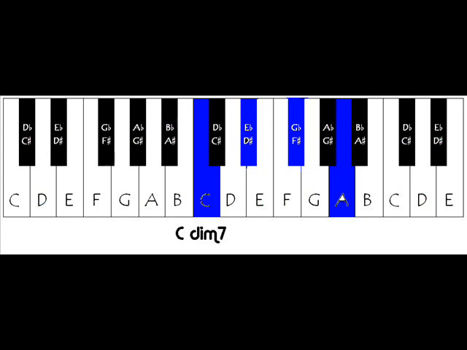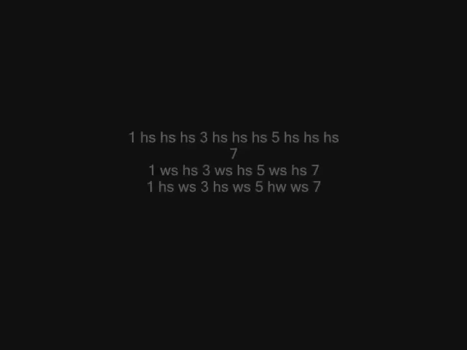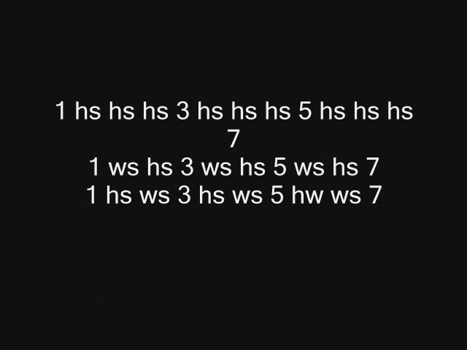Another way, if you don't know the proper way, and it's always good to learn the proper way, but the shortcut that I know it by is that each interval in the diminished chord always has 3 half steps between it, or a whole step and a half step, or a half step and a whole step. So say we start on C once again, and you go up 1, 2, 3, it'll land you on the E flat.